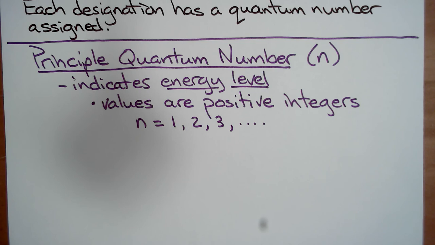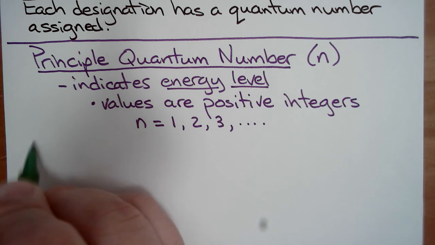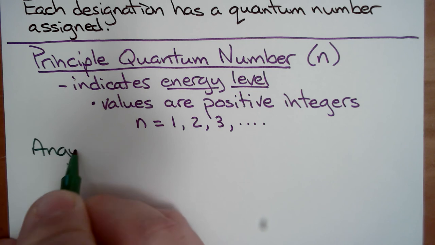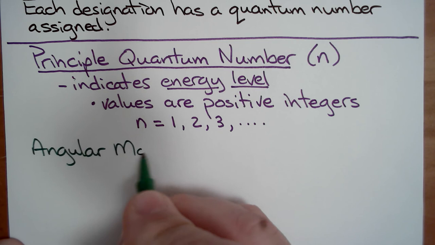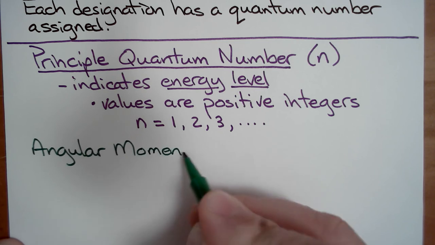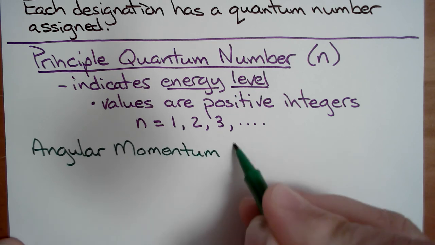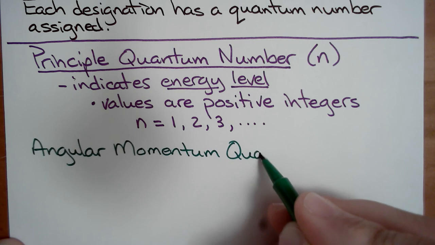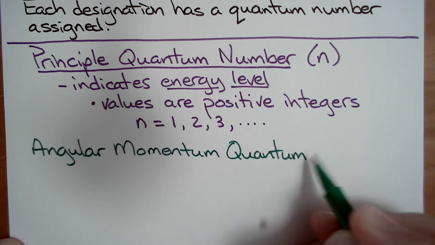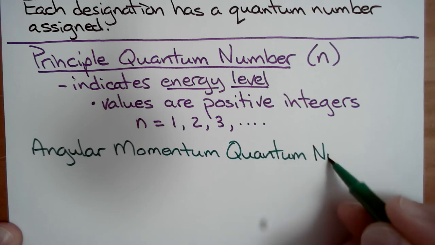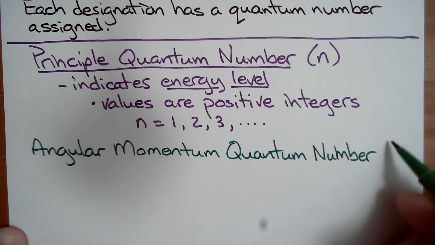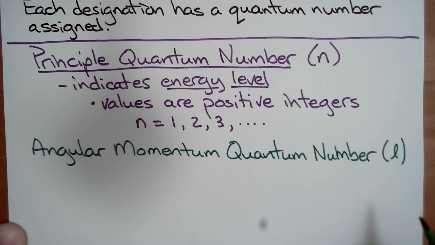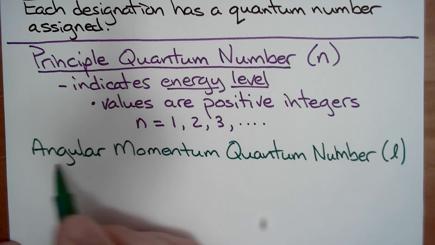The next quantum number is called the angular momentum quantum number, and it's represented with a small l.